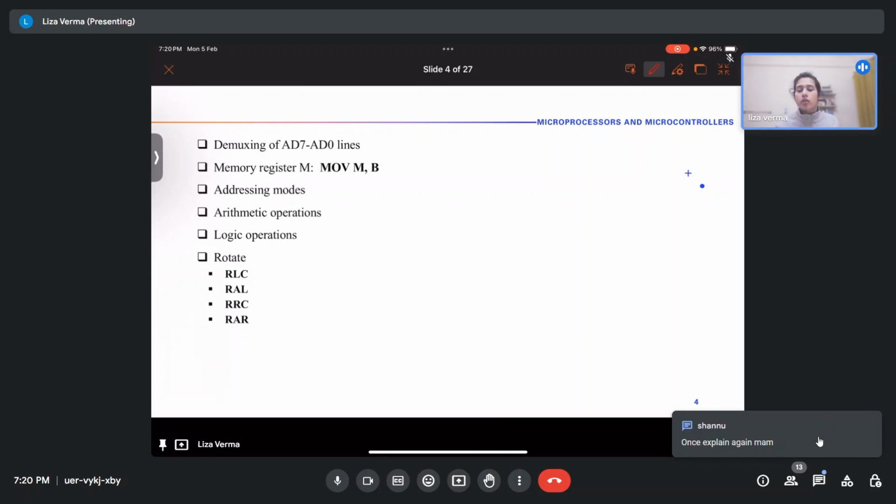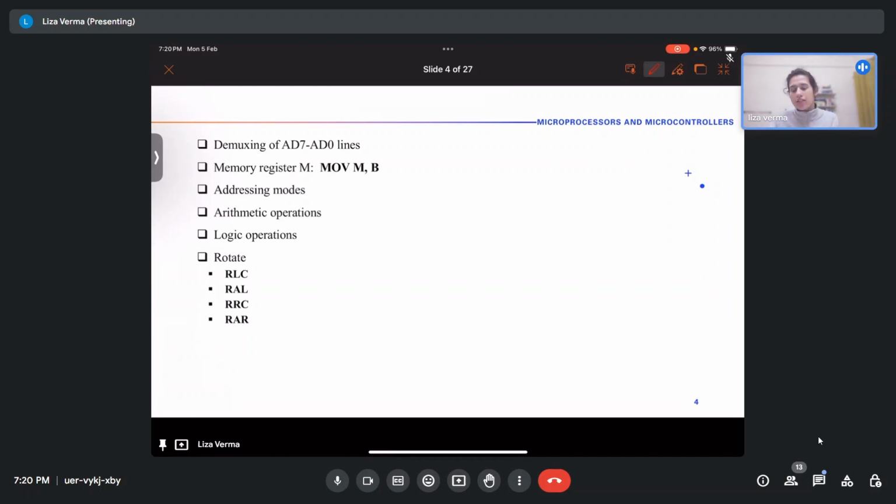Okay. So, demuxing of AD7 to AD0 lines. First of all, you need to understand that AD7 to AD0 lines work as address lines and also data lines, depending on the way the microprocessor is built.